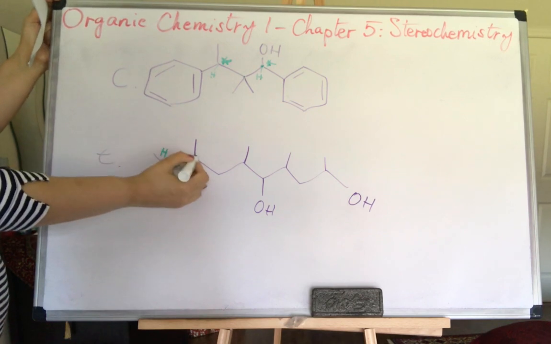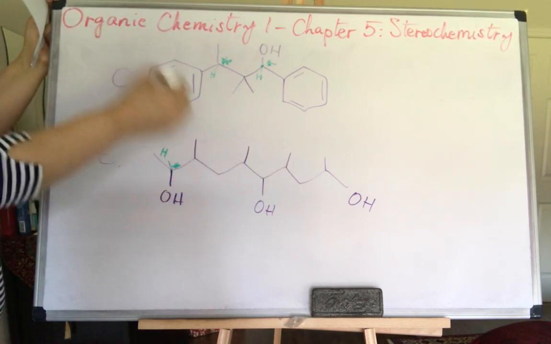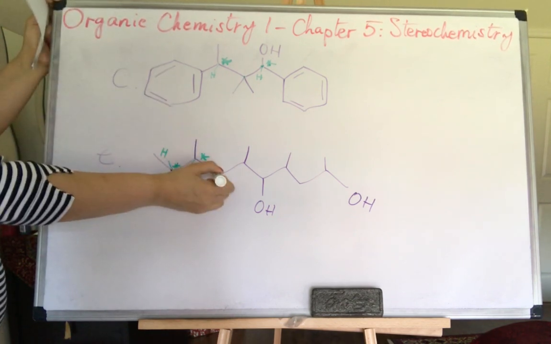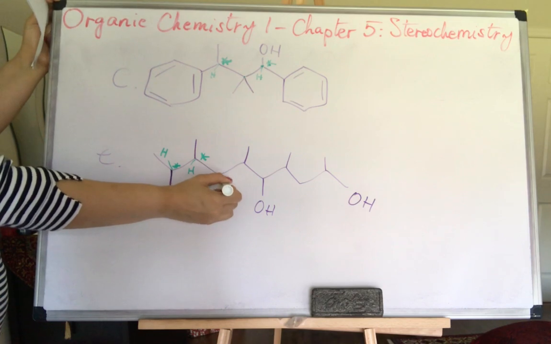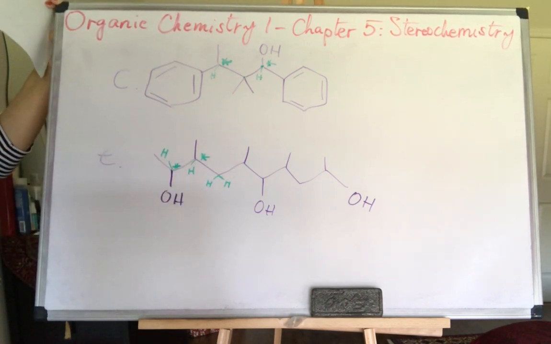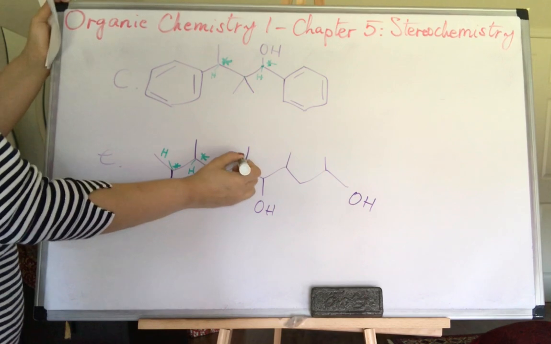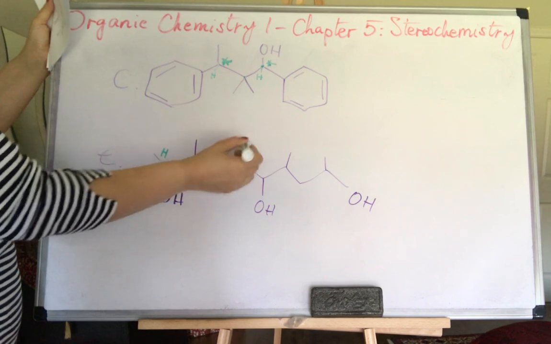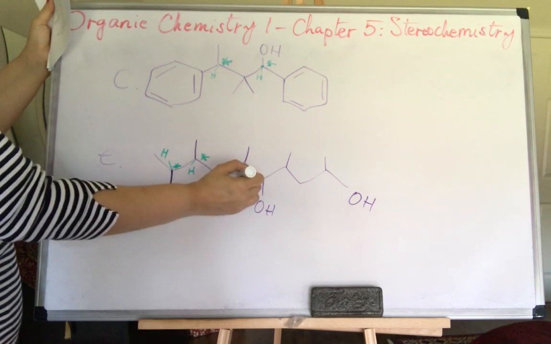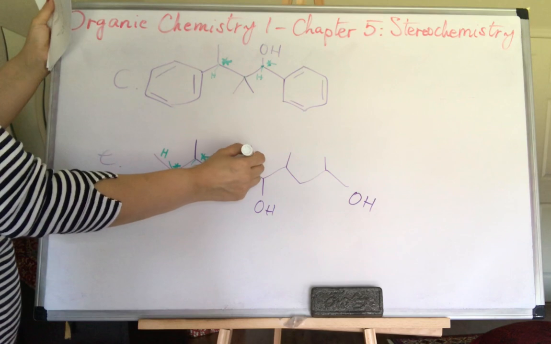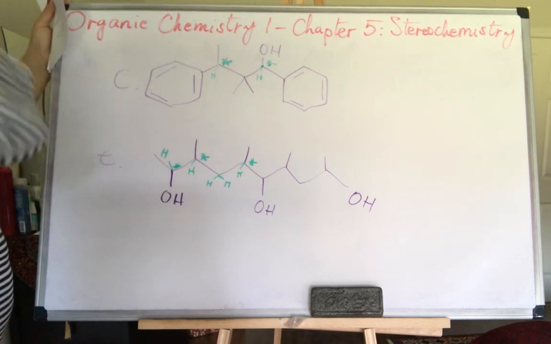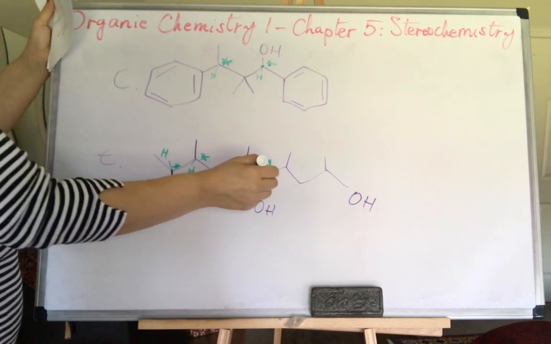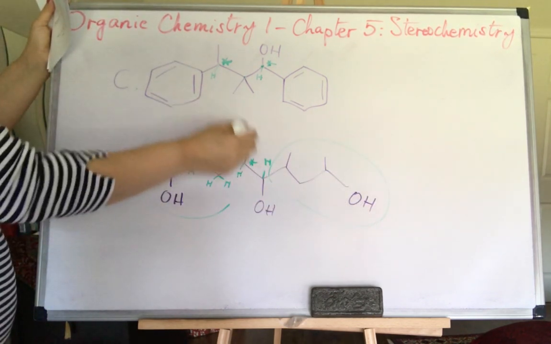This carbon, the same story: this side of the molecule, a CH3, and the last one is hydrogen. This carbon is connected to 2 hydrogens, right? It's missing 2 bonds, so this cannot be a stereogenic center. This carbon has this side of the molecule, this side of the molecule, and CH3, and the last one is hydrogen, so this is another stereogenic center. This carbon is connected to OH and a hydrogen, but the 2 sides of the molecule are exactly the same, right?